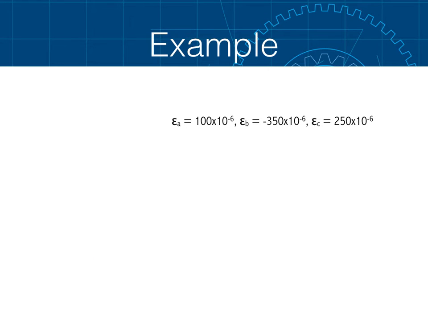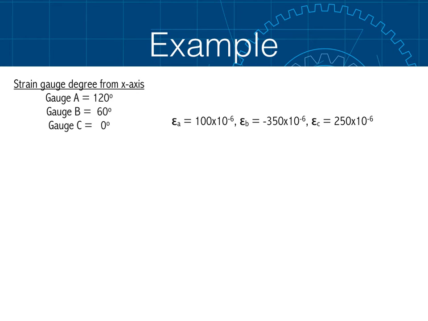Given the original values from the problem statement for the strain gauge data acquired for strain gauge A, strain gauge B, and strain gauge C, as well as the data derived from the picture as we calculated the degree measurements from the x-axis, we can now, using the equation for strain in relation to the x-axis, input all of this information to calculate the strain in x, strain in y, and the gamma xy, which is the shear strain.